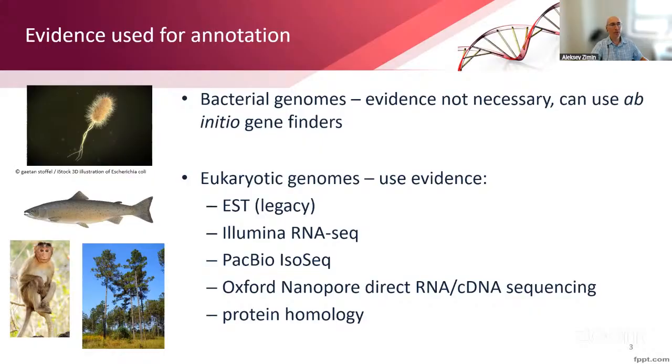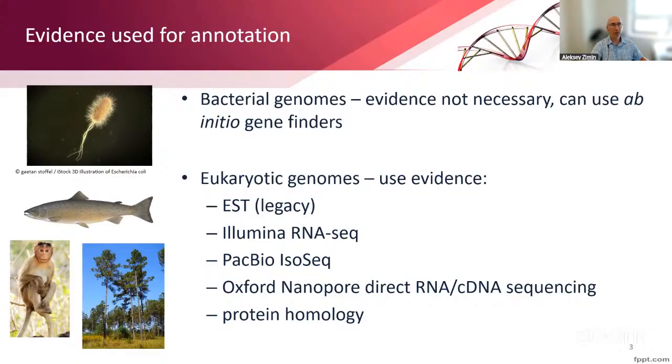Protein homology is extremely useful because whenever you generate a set of transcriptional data, such as Illumina RNA-seq, PacBio or Oxford Nanopore, unless you're willing to do lots of experiments sequencing multiple tissues under multiple conditions, you may not see all transcripts expressed in your libraries, in your sequencing runs.